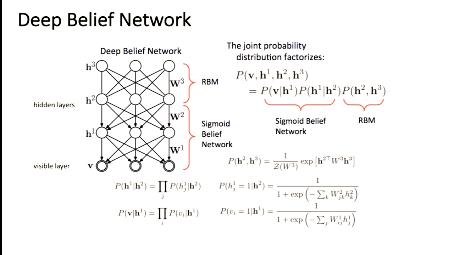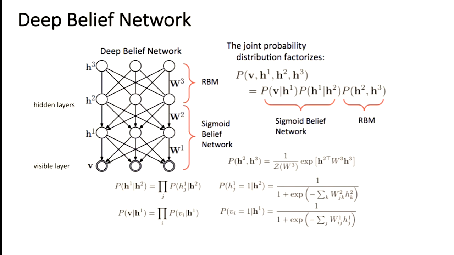So the highest level is an RBM, whereas the lower layers are a directed graphical model, and this directed graphical model once again has a nice formulation because you can now represent the conditional distribution of your H1 given H2, or visible given H1, in the form of product distributions, so individual conditional distributions. And once again, the reason being, you do not have any connections between visible to visible or hidden to hidden. So we still maintain the same form of bipartite structure with no intra-layer connections, which allows us to have a much more tractable conditional distribution.